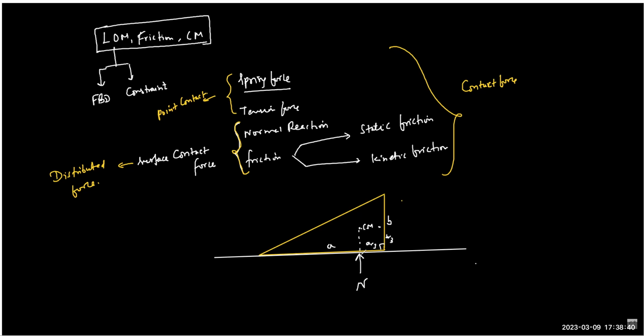If you do not consider this to be below the center of mass, what will happen? There will be a torque acting on the body. Yeah, so the body may topple also. Because we know that gravity acts at the center of mass, so they are collinear, therefore they are not creating any torque, and that's why the wedge is stationary.